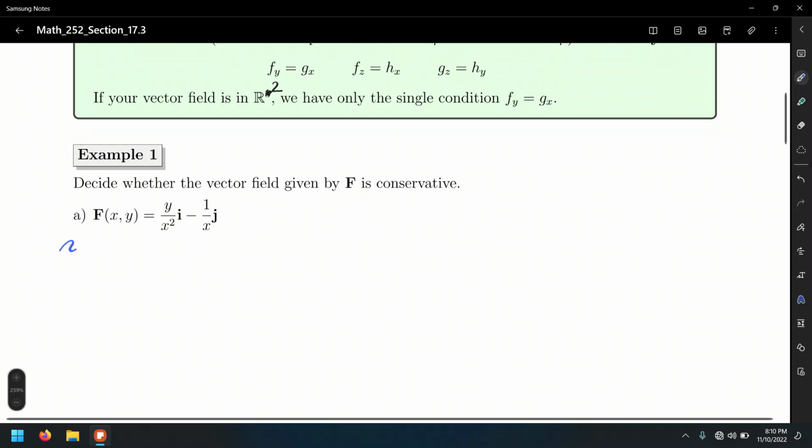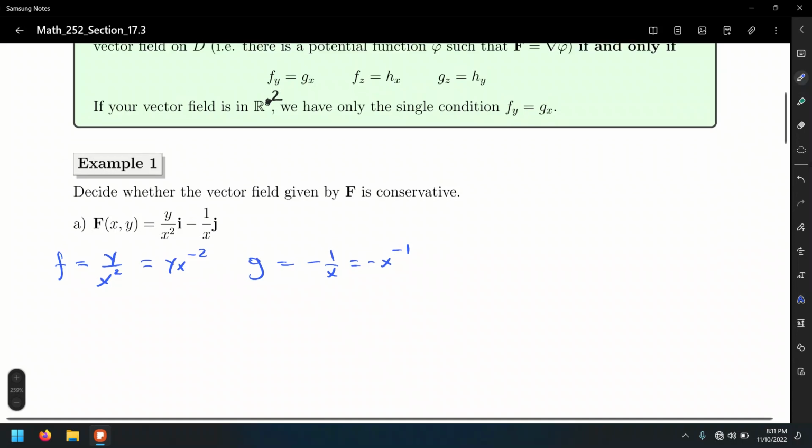So in this case, little f equals y over x squared, which is the same as y times x to the negative 2. We may need it in this form in order to differentiate it. And also, g equals negative 1 over x, which is negative x to the negative 1. Alright, so we just identified this f and g.